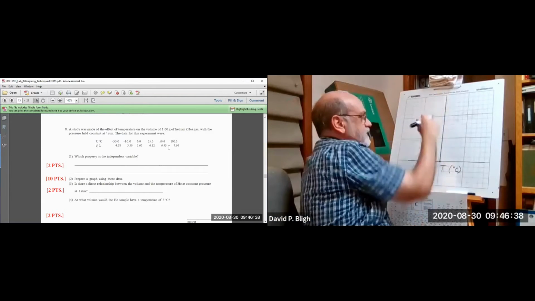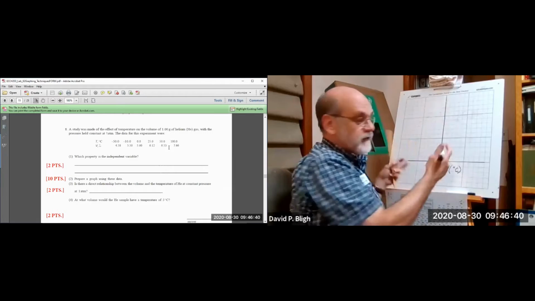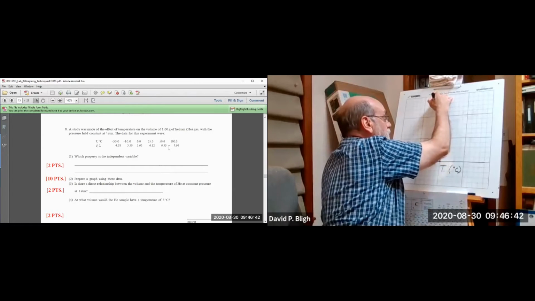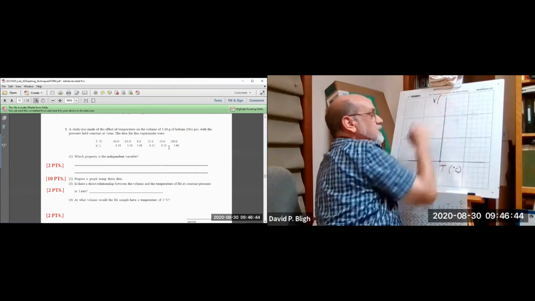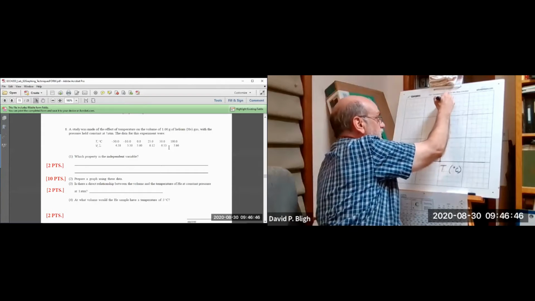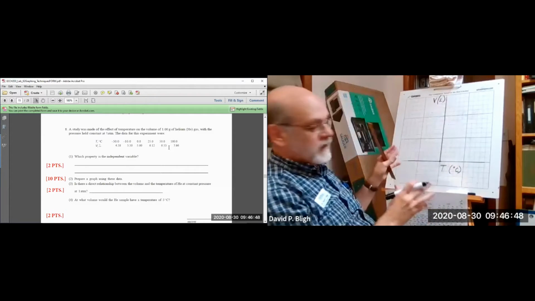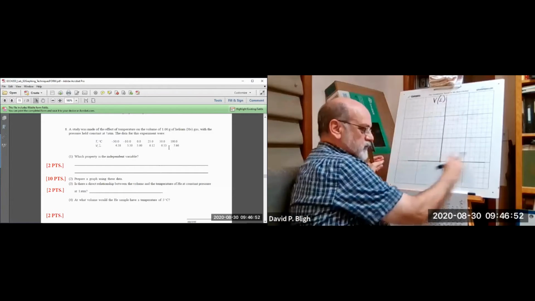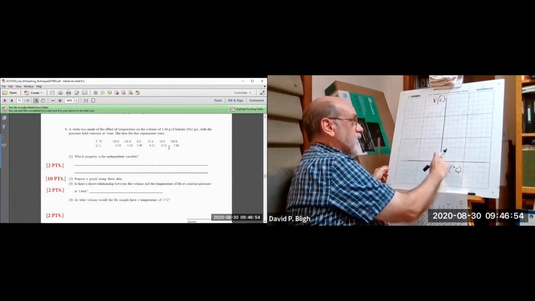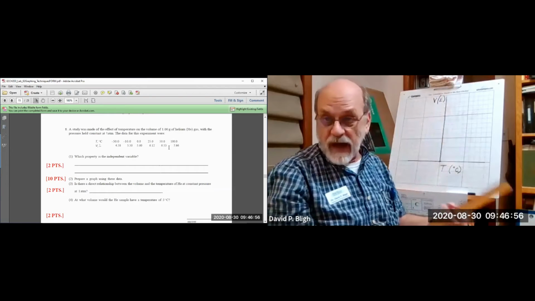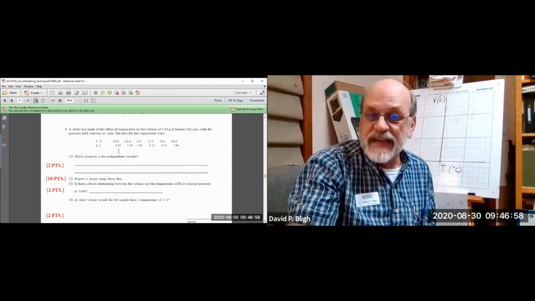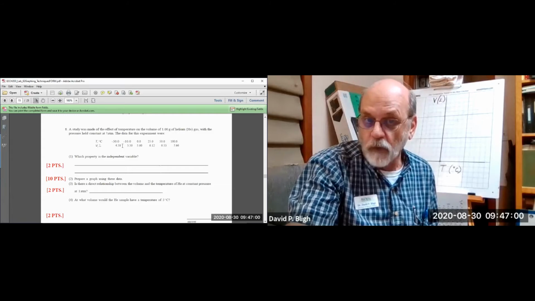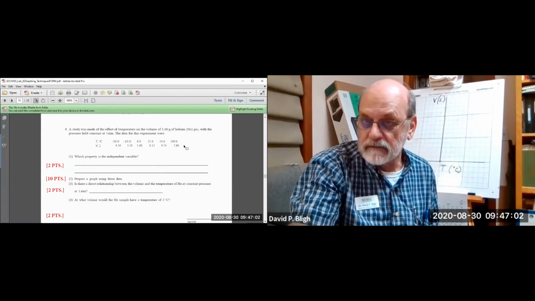Now, this axis is going to be the dependent variable, which is volume. So what is volume? Units, liters. There, we've identified the parameters for this one. These are positive, these are negative. Those are all positive. Why? Because the data says they're all positive, 4 to 7.